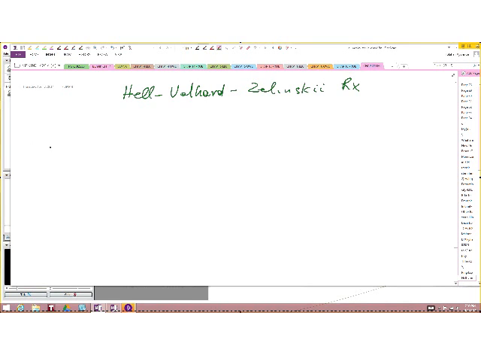In this case, if you take any carboxylic acid, as long as you have alpha hydrogen, and you take phosphorus tribromide, the first thing that happens, you are going to form the acid halide.